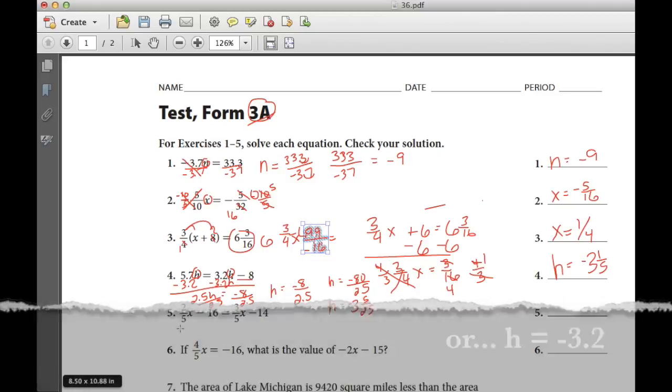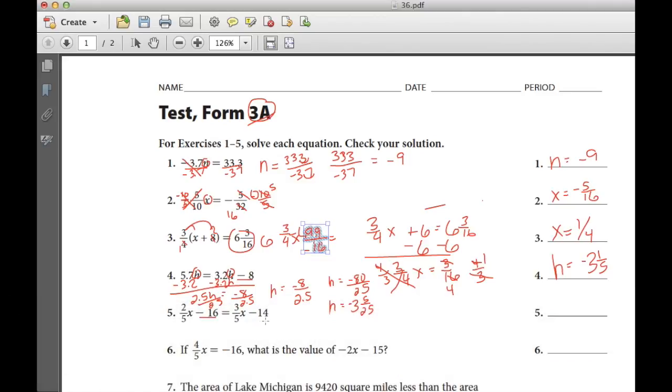For number 5, we have variables on both sides and constants on both sides. So I'm going to first of all take care of the 2/5 x by minusing it from the right side. I'm going to come over here where I have some space. 2/5 x minus 2/5 x is 0. So we have negative 16 equals 1/5 x minus 14.